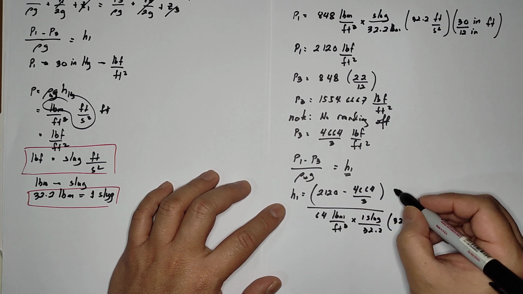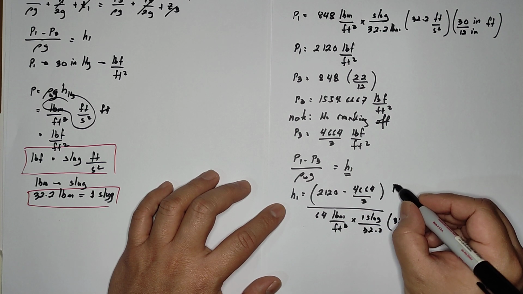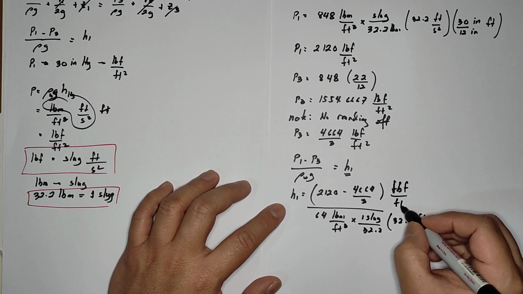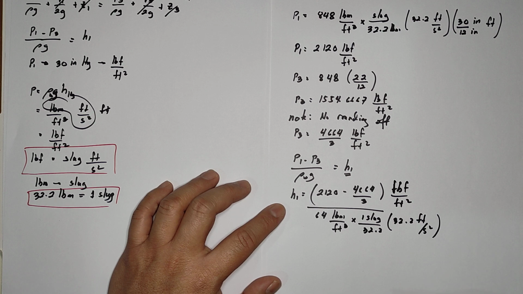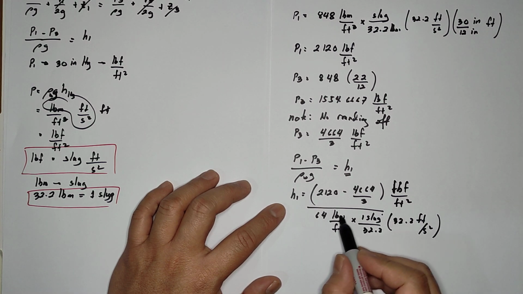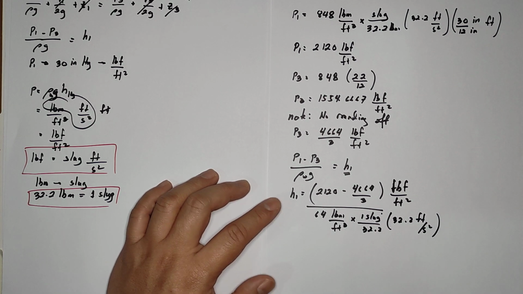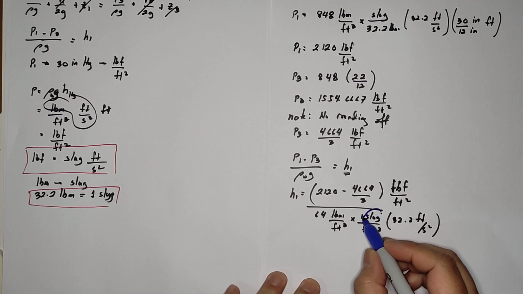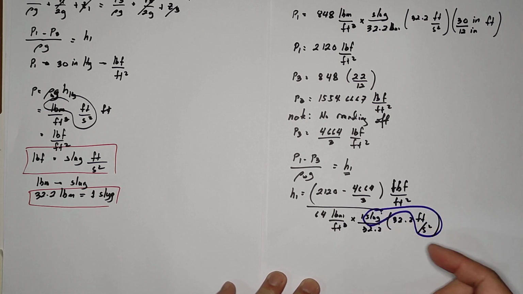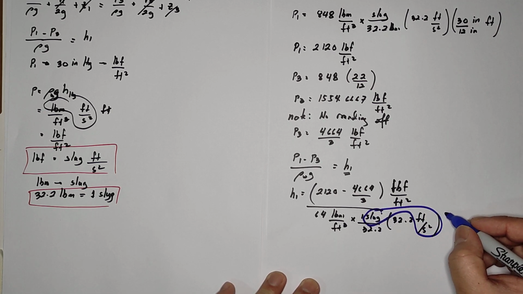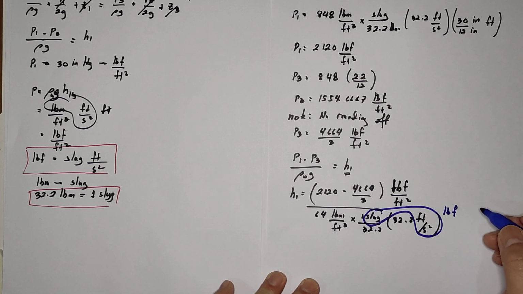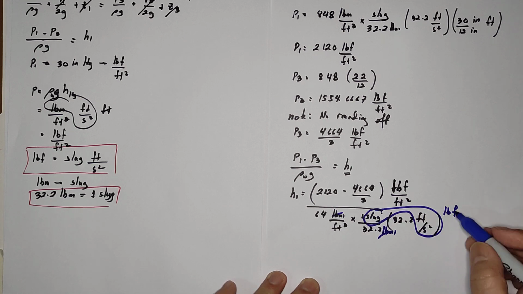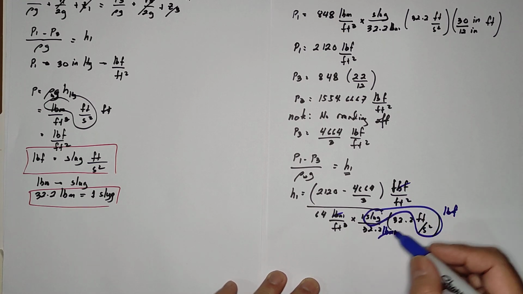Because this is pound force per square foot, and this is slug, and slug feet per second squared is actually pound force, this one is pound mass, so they cancel.